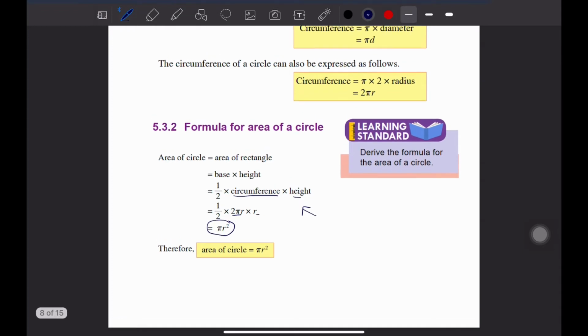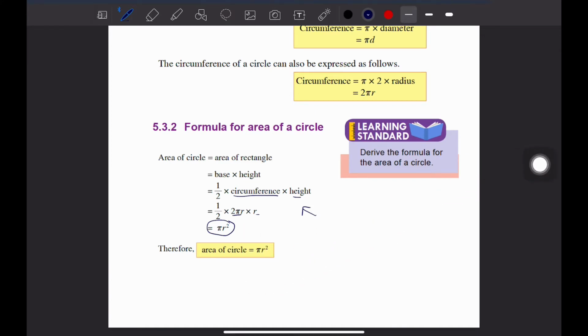Or maybe I can put the link in the description below. So other than my students, you can take a look at that video. So therefore area of a circle is pi r square.